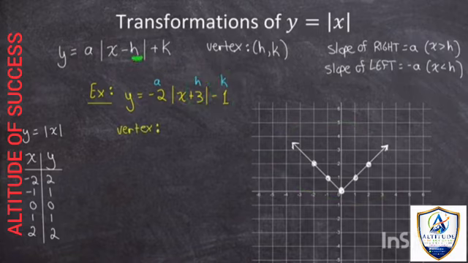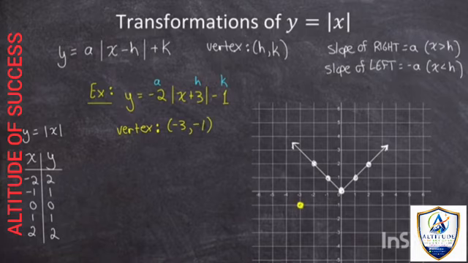Remember, this h is what we're subtracting from the x. So for it to look like x plus 3, we must be subtracting a negative 3, meaning the h value is negative 3. So the x coordinate of the vertex is negative 3. And the y coordinate is just equal to the k value that we see. It's equal to negative 1. So this function has a vertex at (-3, -1).